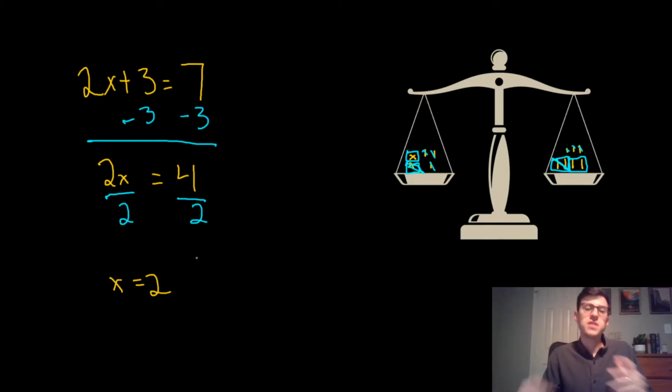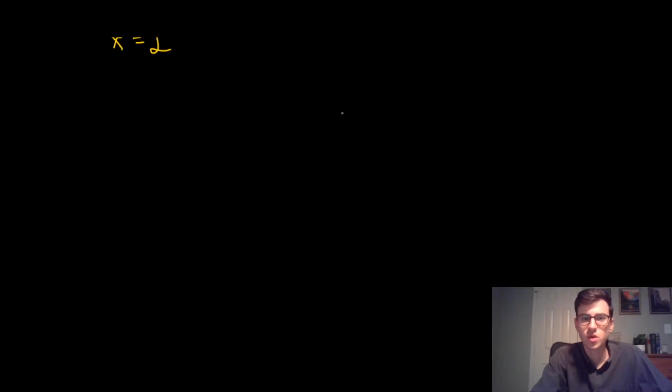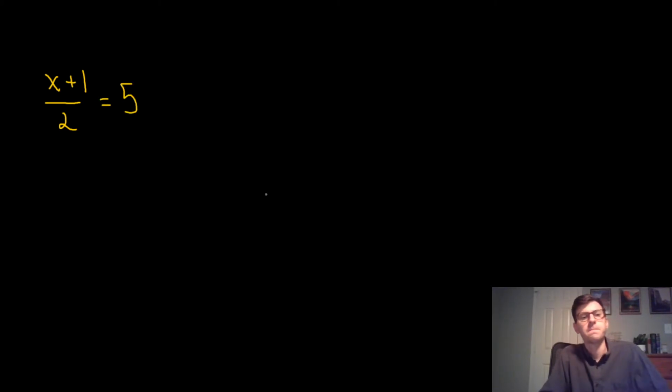So that's one way to think about it, as balancing some scales. Let's talk about another way that you could think about this. Given the equation x plus 1 divided by 2 equals 5, what would that be? Well, one way we could think of it is, what if x was some number? How would I simplify that equation?